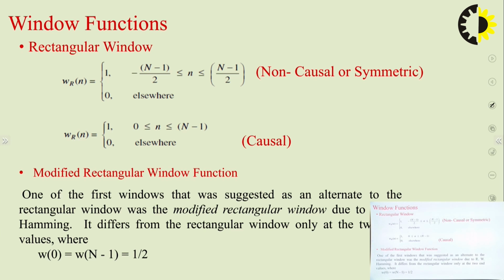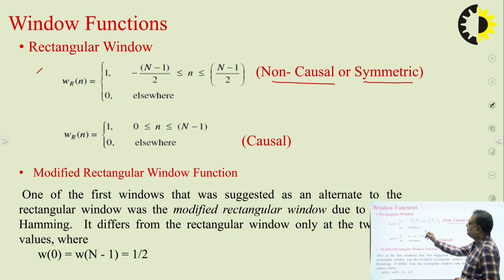Here are some of the window functions that can be used. The starting one is the rectangular window function. In each window function we have two categories: a causal window function and a non-causal window function. Here we are considering the non-causal case, where we assume it is symmetric.